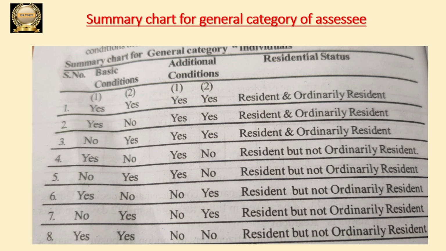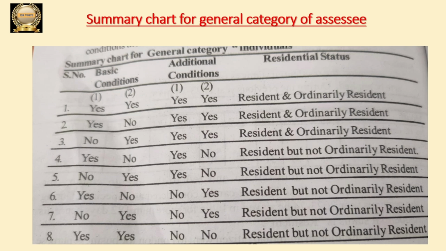Let us discuss the second one. Second person, serial number 2. So here for the second person, there are two basic conditions, but the first one is satisfying, yes, the second one, no. I already said if he satisfies any one, that itself is enough to determine whether he is resident or non-resident. If he satisfies one condition, we can treat him as a resident.